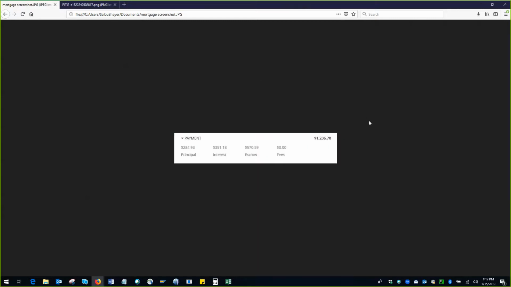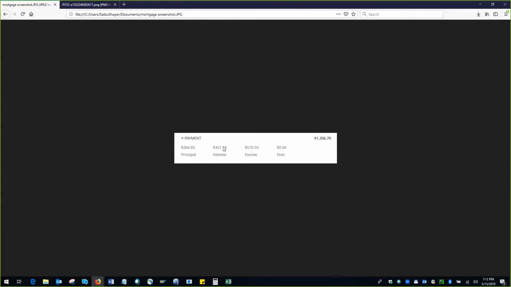So, coming back to the mortgage statement. This is an actual screenshot of a mortgage statement, and you'll see that the total monthly payment is $1,206.70. Out of that $1,206.70, $284.93 is going directly to the principal, which means that after this payment has been made, the owner of the home owes $284.93 less than they did last month.